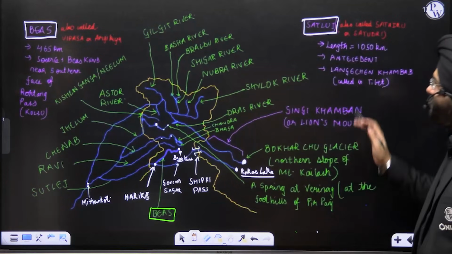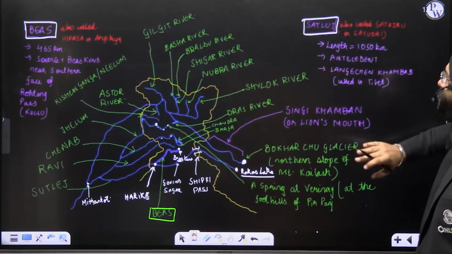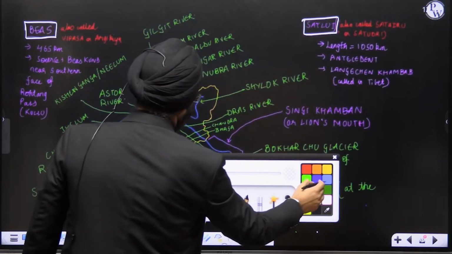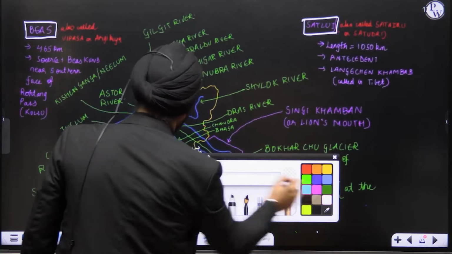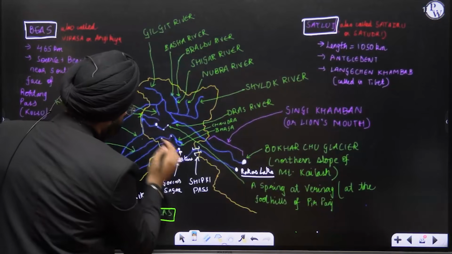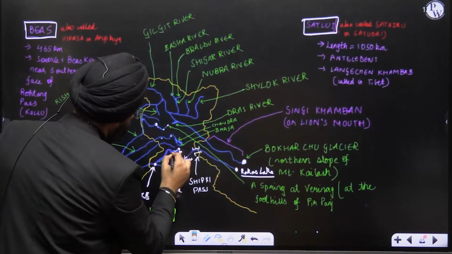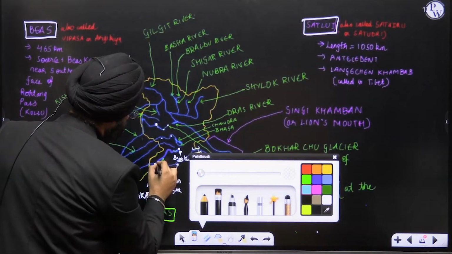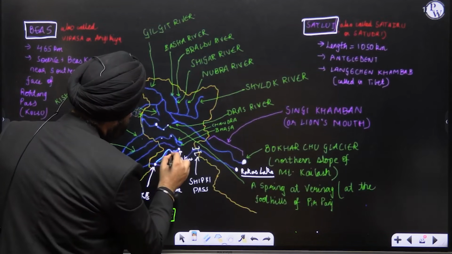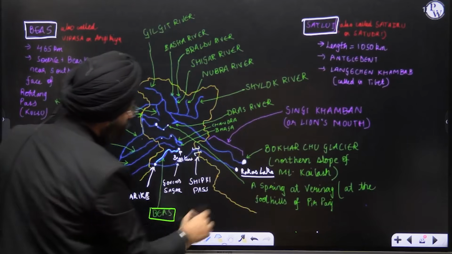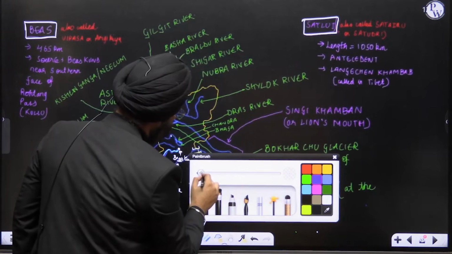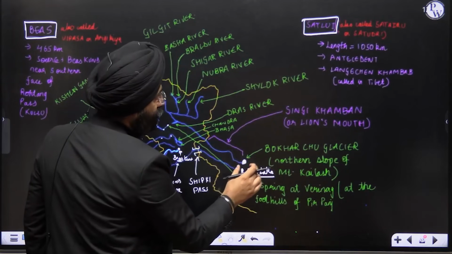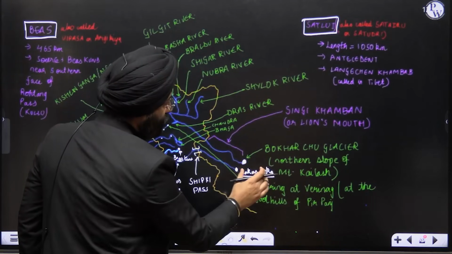Now comes another important river, that is Satluj. Now, let us mark the Satluj river. Let me convert this into a lighter color so that it will be easier for you to comprehend. This is Beas. Now, let us see what Satluj river is doing here. There is a very important location known as Rakas Lake in the Tibetan region.